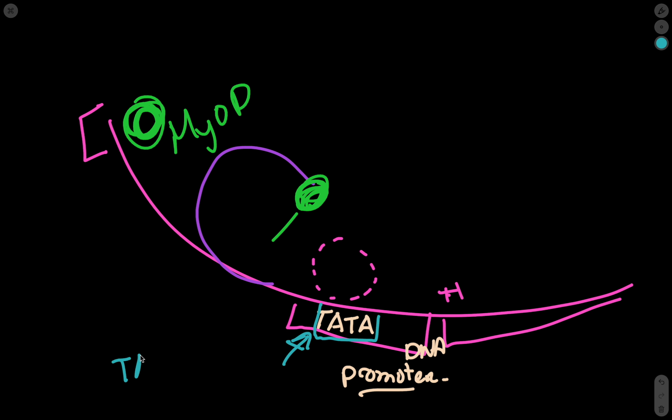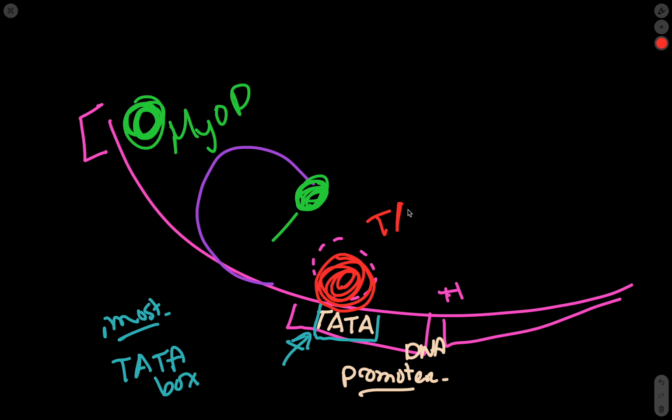People call that the Tata box. Certainly most promoters have a Tata box. And luckily for us, the protein that binds there has a great name. It actually has multiple names because multiple scientists studied it, but it's called Tata binding protein.